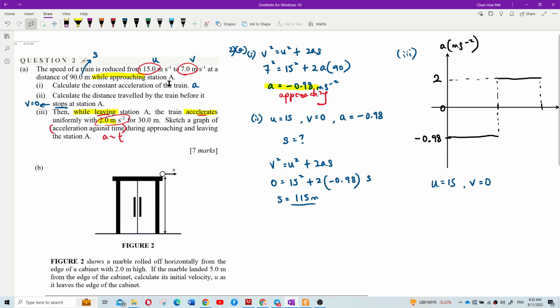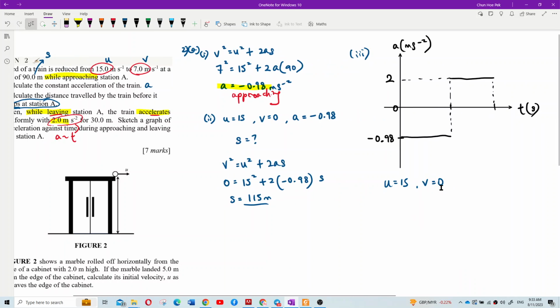Oh, so it stops at station A, right? So that means while reaching station A, he stops already. That means v equal to 0 at station A. And then after station A, he starts to accelerate.